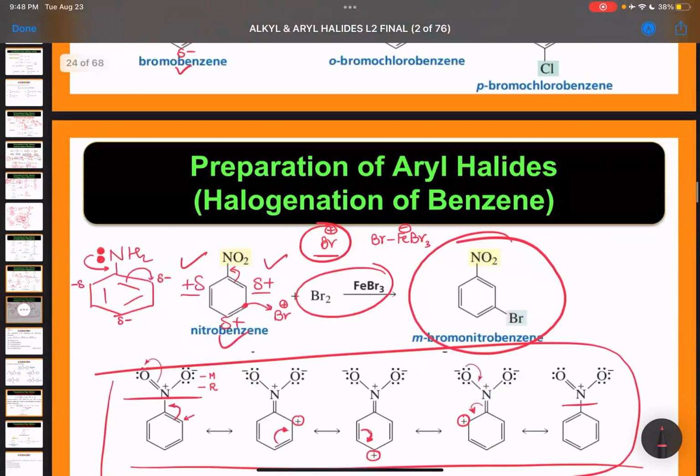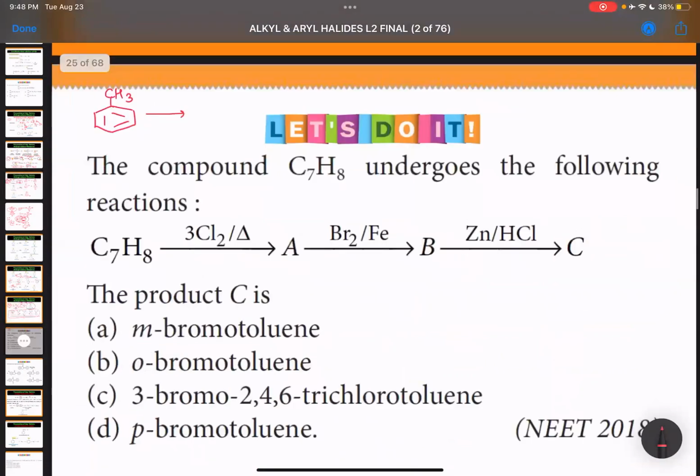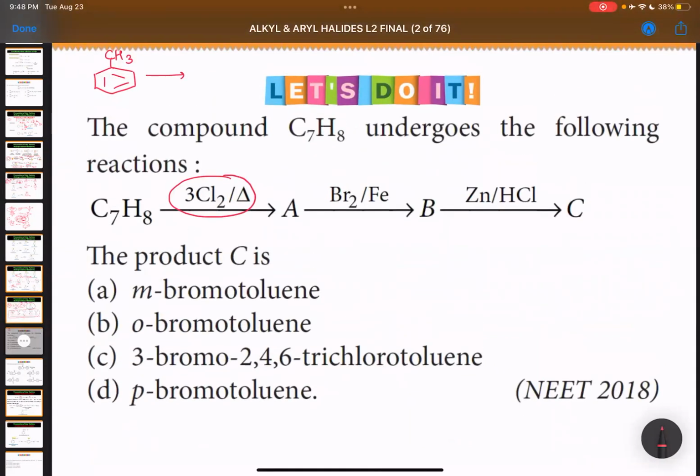It is a difficult question. You can't do it in the first attempt. So which compound is this, first of all, tell me. C7H8.